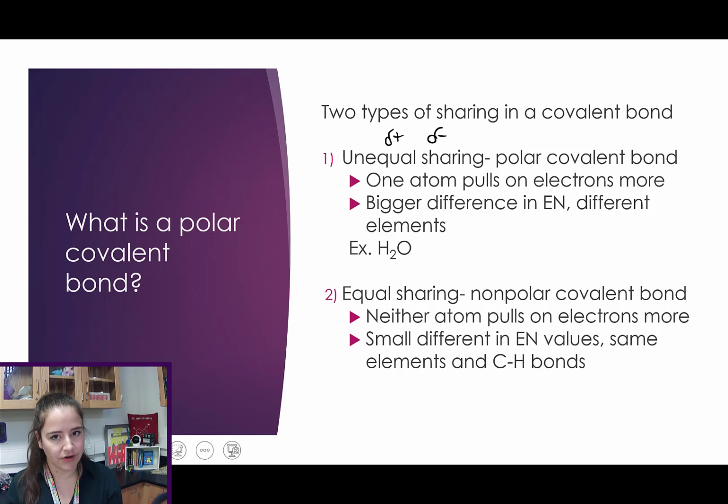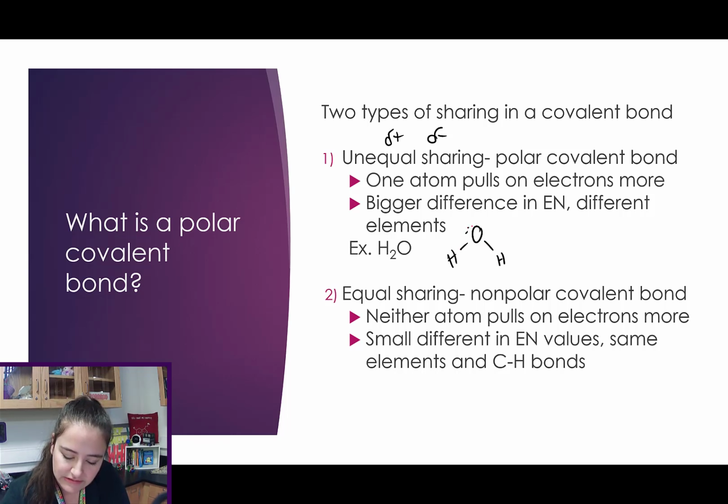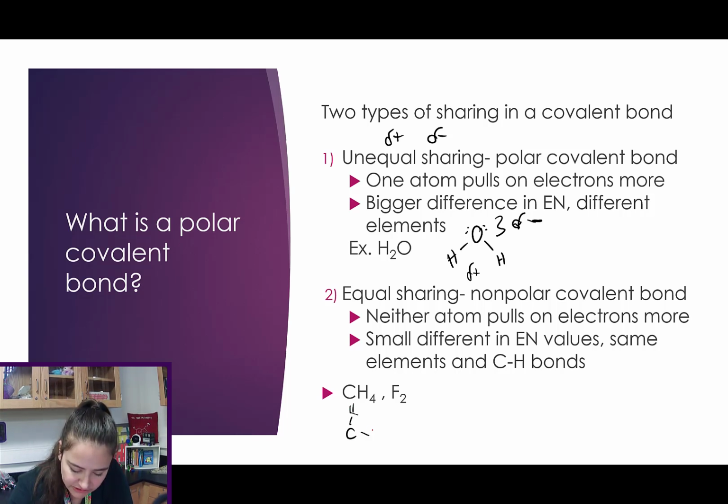So water is a great example of a polar compound. Because of its bent structure, you're going to have a little bit negative, we use this sign for partial negative on the top, and you're going to have a little bit of positive down by those hydrogens, because you're going to have more electrons by the oxygen. Where methane, CH4, is super symmetrical and only made of carbon-hydrogen bonds.